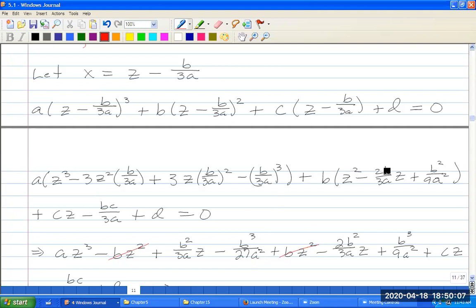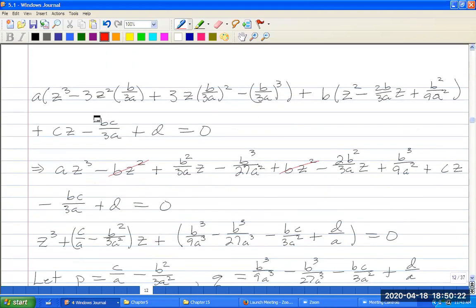Bz squared minus 2b squared over 3a z plus b cubed over 9a squared, then plus cz minus bc over 3a plus d equals 0. The bz squares cancel.